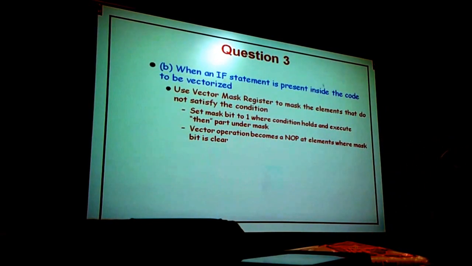If the mask bit is a 0, the operation on that element will be a no operation. So we can set the vector mask register for each element in our vector: 1 if we want to execute the operation, 0 if we don't, and then that operation is executed under the mask.